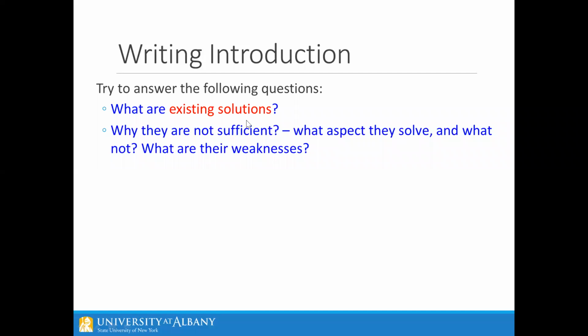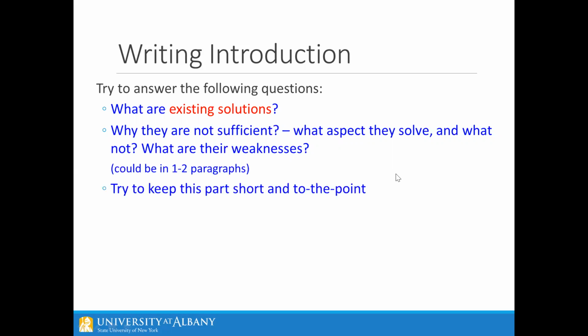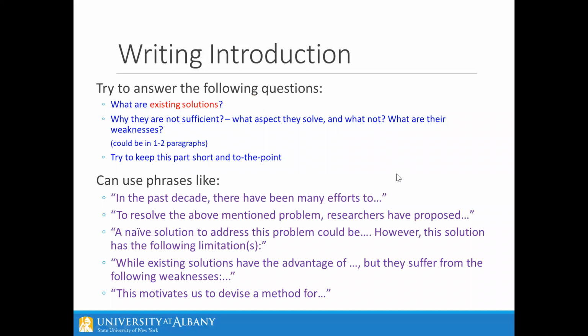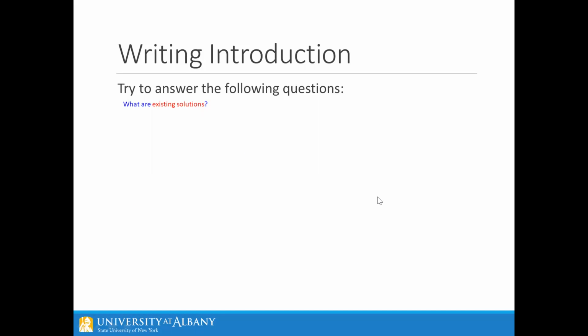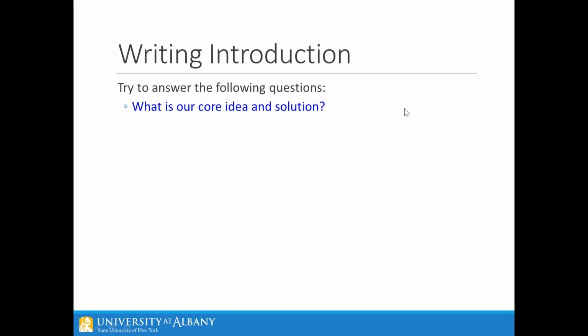Then what are the existing solutions, why they are not sufficient, what are their weaknesses, and that could be 1 to 2 paragraphs. Once we have told that this is an important problem, these are the challenges, these are the existing solutions, these solutions are not sufficient, and therefore there's a need of another solution, then the next question is, what is our core idea and solution?